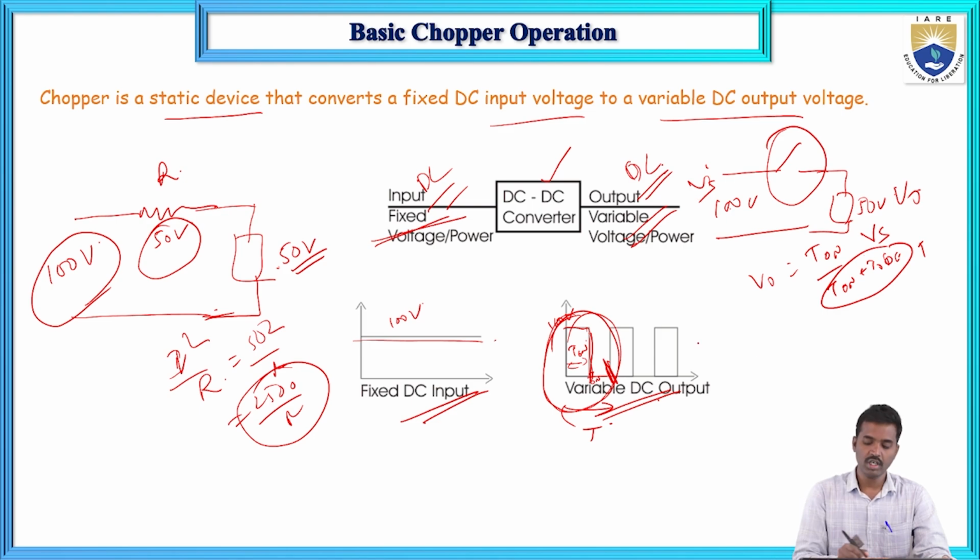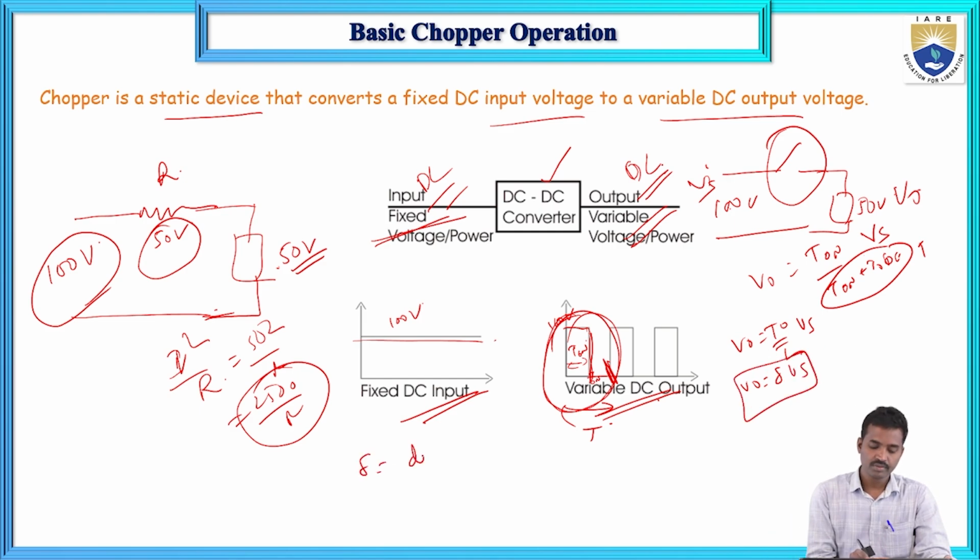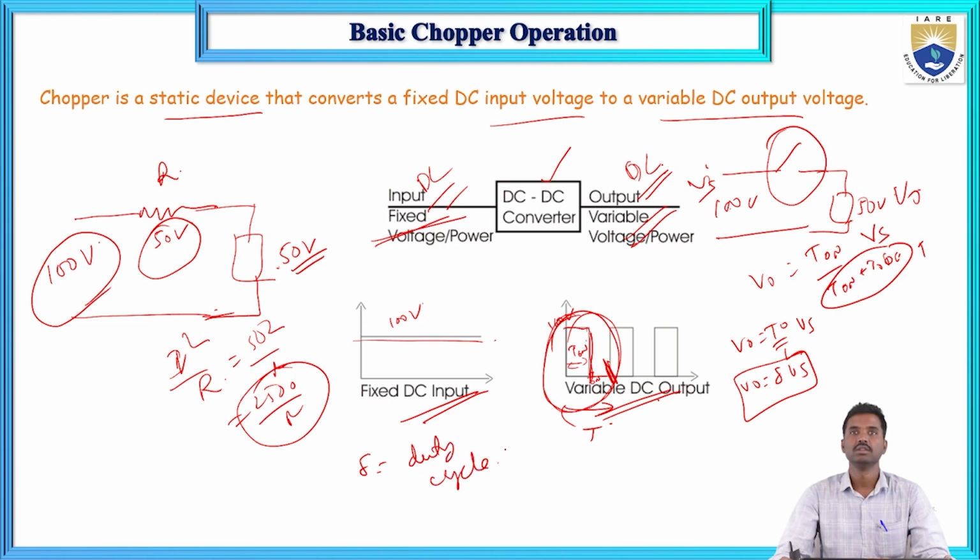So V0 equals T on by T into Vs, that is V0 equals delta into Vs. Delta is the duty cycle, so by changing the duty cycle we can change the output voltage.